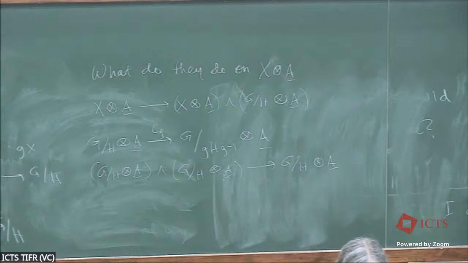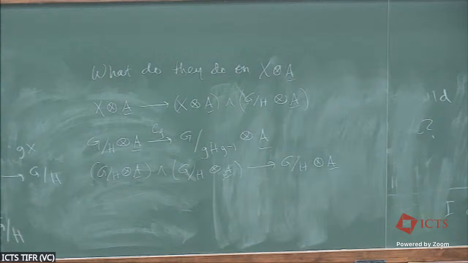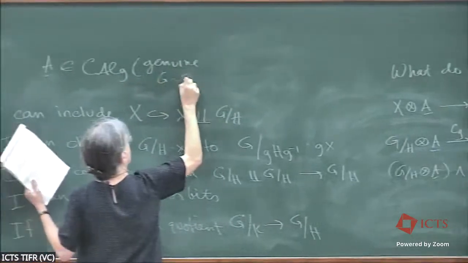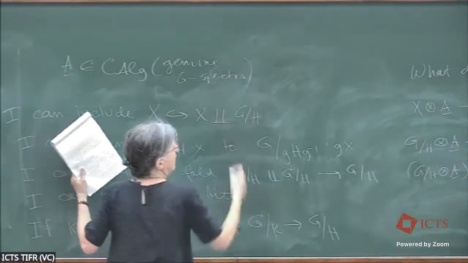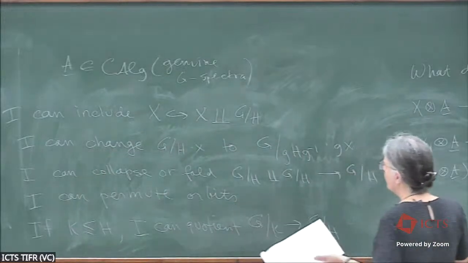So I am assuming that, and that's how I get the product. Thank you, yes. Okay, great. And then I can permute orbits.